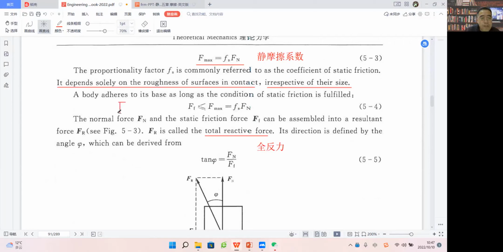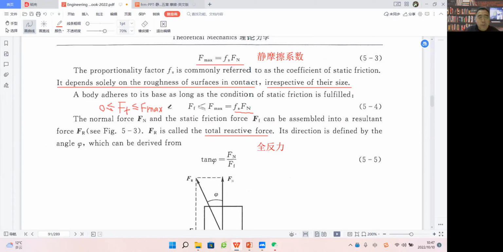We have this condition: Ff is greater than 0 and less than or equal to F max. Right? But we can never use this equation to calculate Ff.